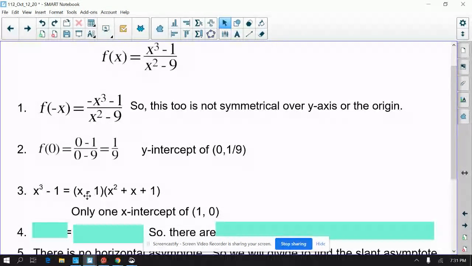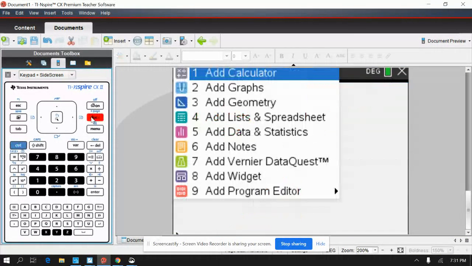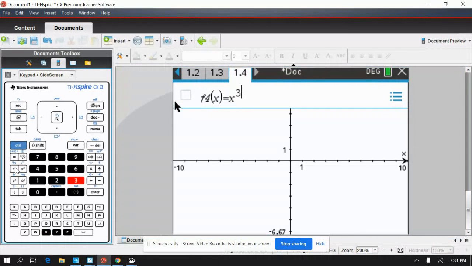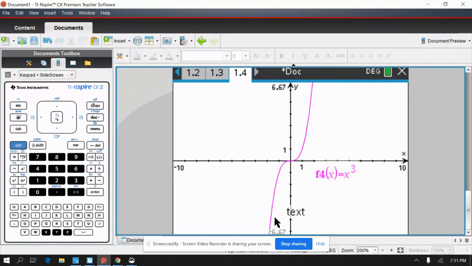Now, you could have known that before, without knowing how to factor this. First of all, I hope we know that 1 would make this 0, because 1 cubed minus 1 is 0. But how could you know that there aren't 2 others lurking around? This is how you would know, just by knowing a little bit about transformations. First of all, we know what x cubed looks like. It looks like this.